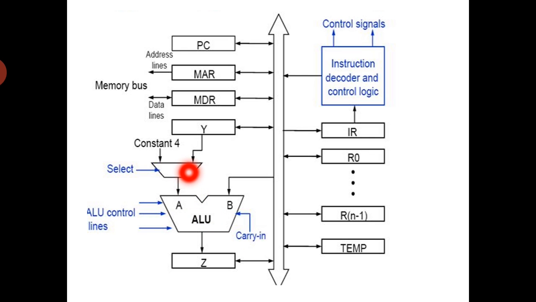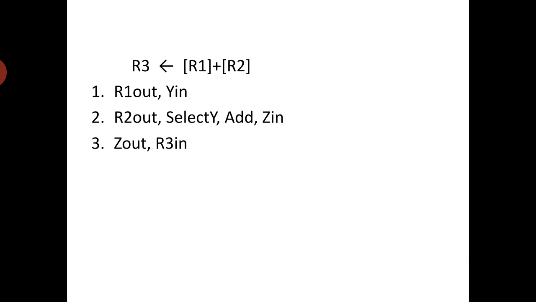That comes in the second step. So this is the first step. In the first step, we just transferred the data which is present in the R1 register to the Y register.